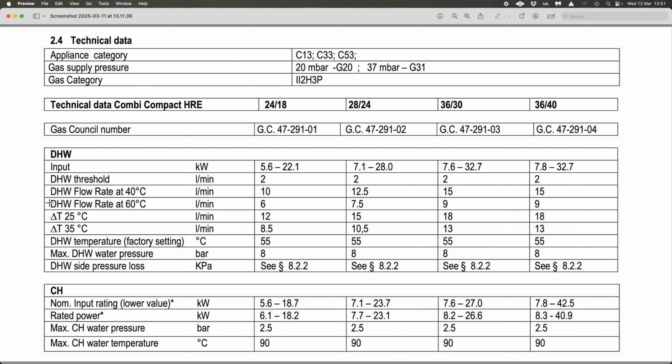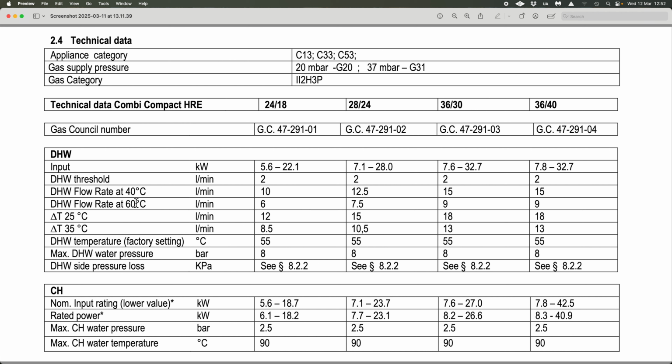But if we look at our domestic hot water flow rates through these different boilers, you can see at 40 degrees we've got 10 litres per minute coming out of the smallest boiler that they do. We've then got 12.5 litres for a 28-24 boiler, which is what I've got, or we've got 15, etc. But you can also see that it changes at 60 degrees, and we'll get the IMI High Tools app out in a second and check some of these figures.